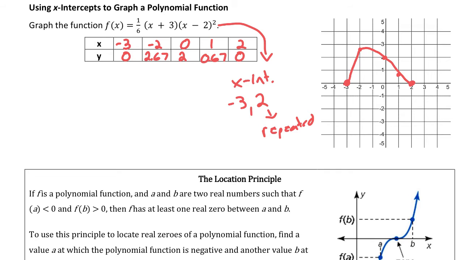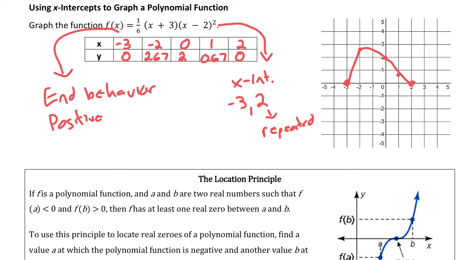The main thing to know with this function is the end behavior. So this function is positive on the front, and it has an odd degree. The reason it has an odd degree is because the first factor has 1, the second factor has 2. This has a degree of 3. So end behavior being positive, and it looks like I wrote the word dog here.